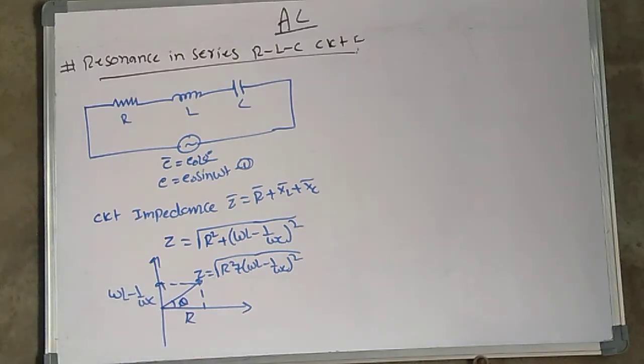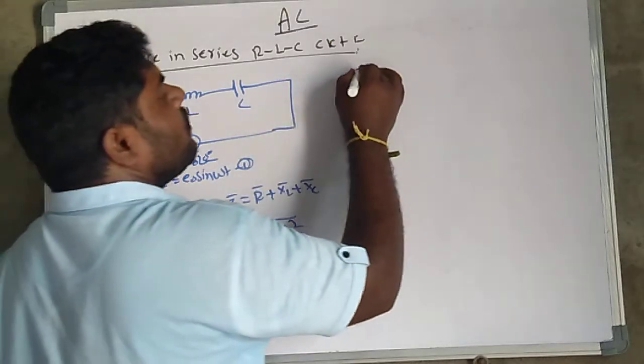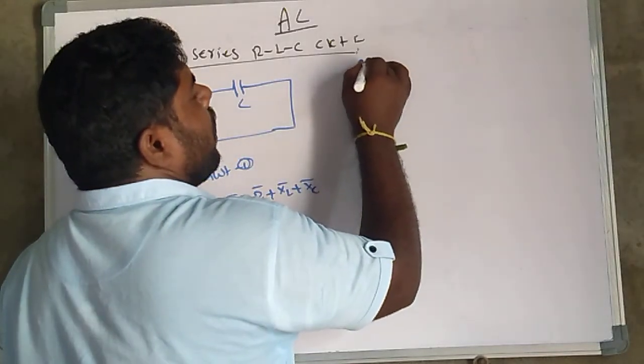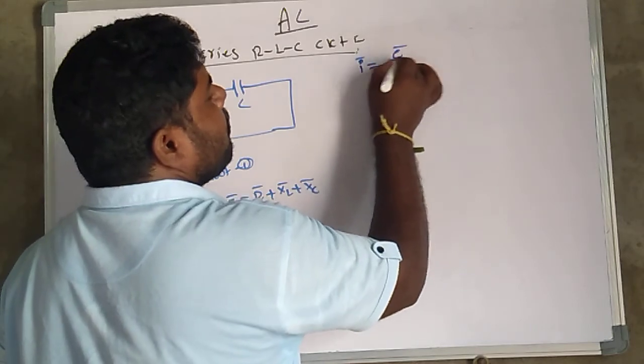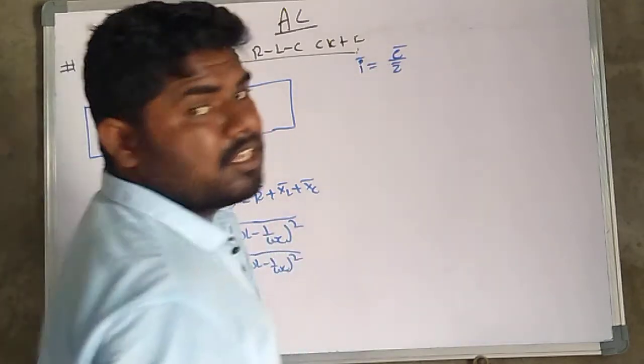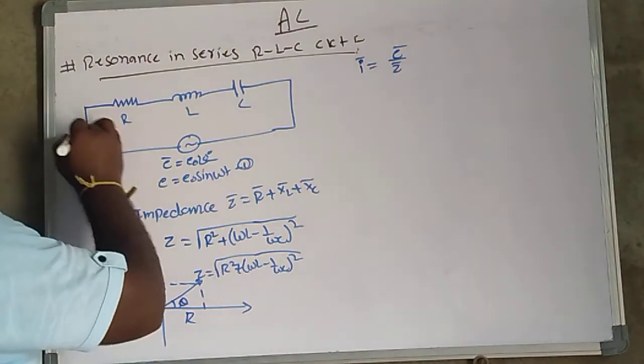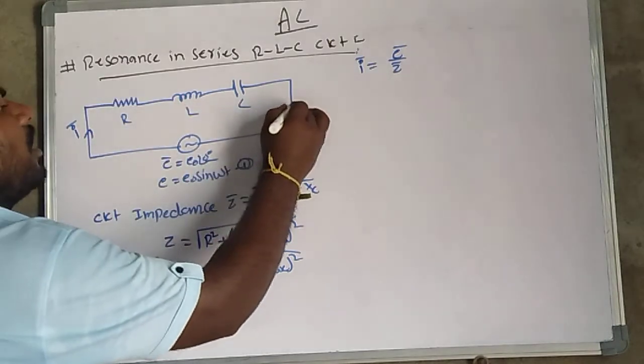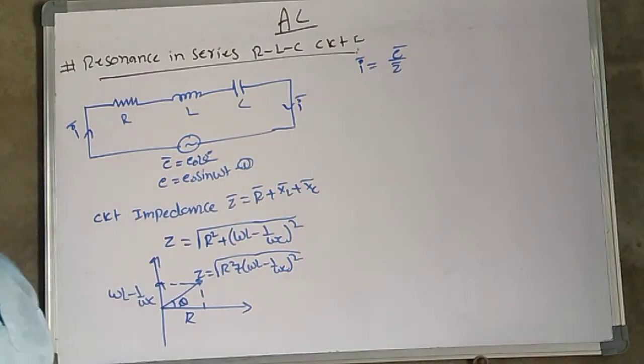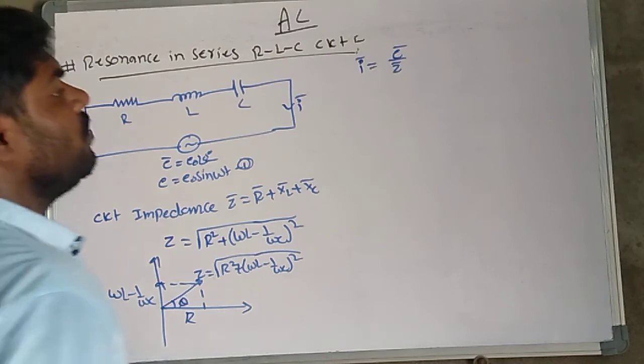In this situation, the current in the circuit I bar is equal to E bar divided by Z bar. This is the current phasor.